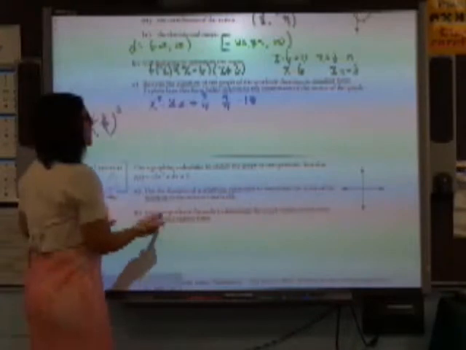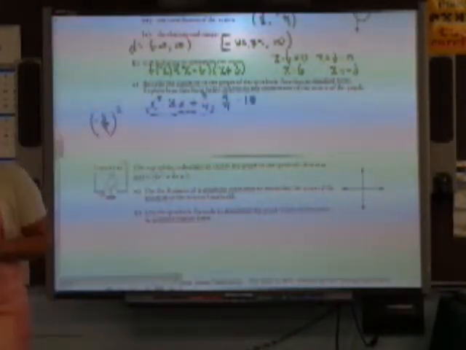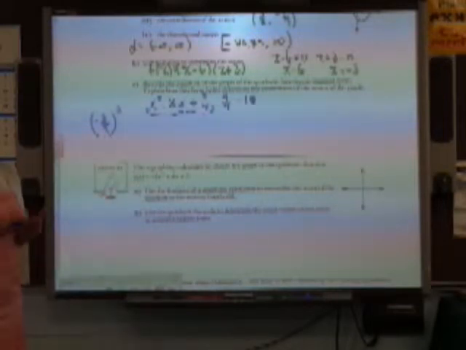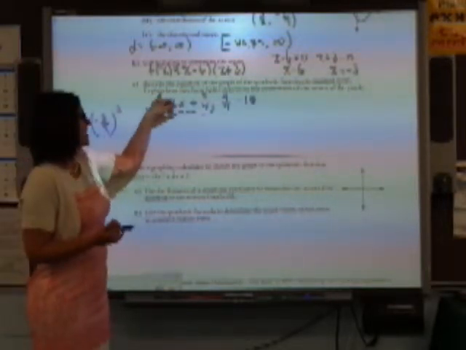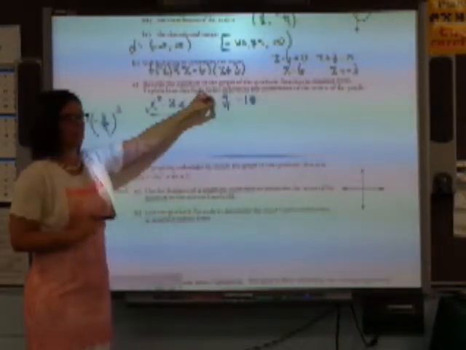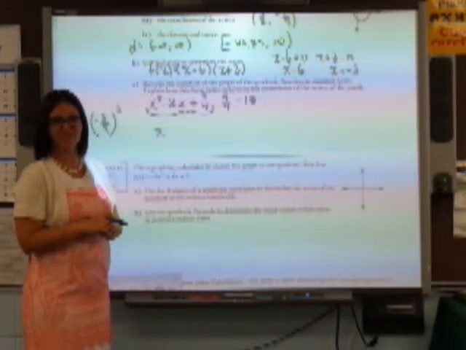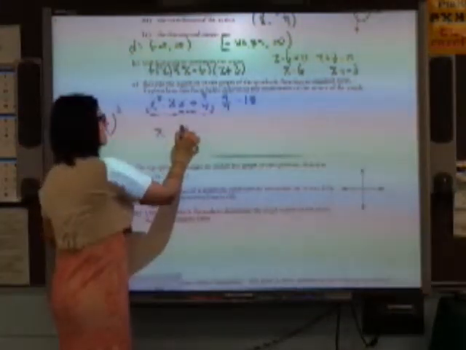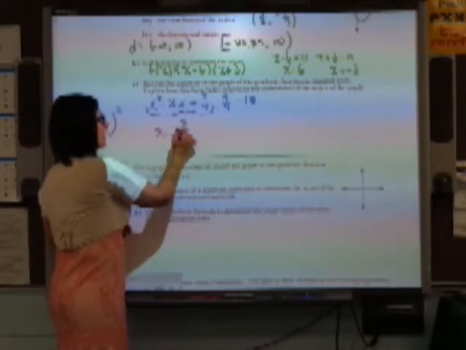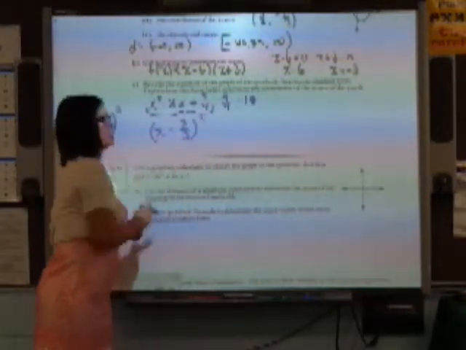In completing the square, these 3 terms now become a perfect square. And to factor a perfect square, I take the square root of the first, the square root of 9 quarters, which would be 3 halves, and then I use this sign in the middle, and it would be squared.